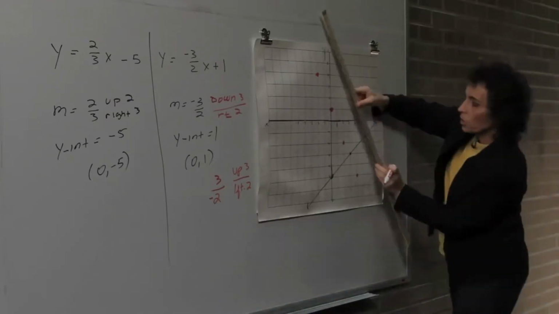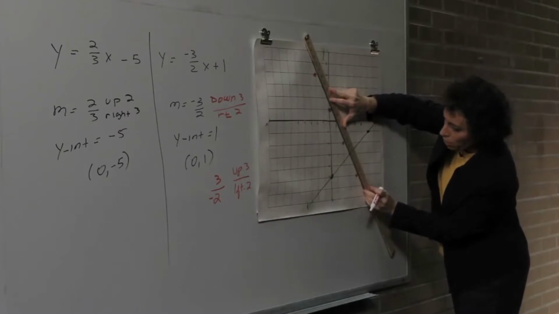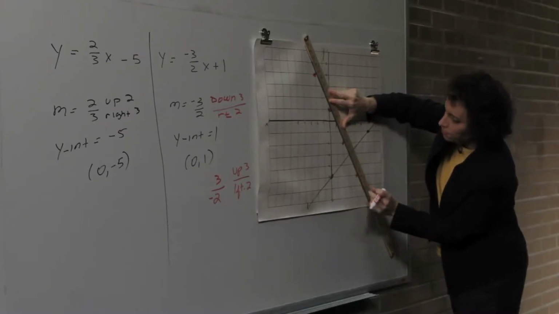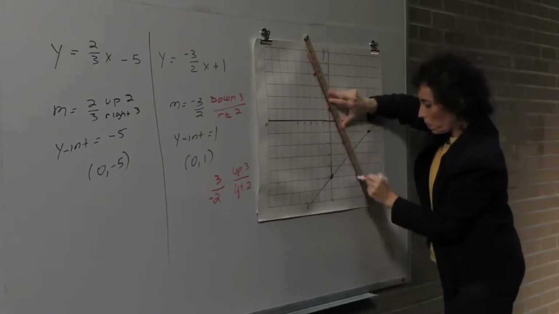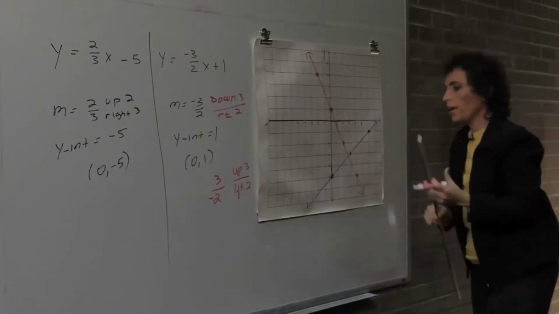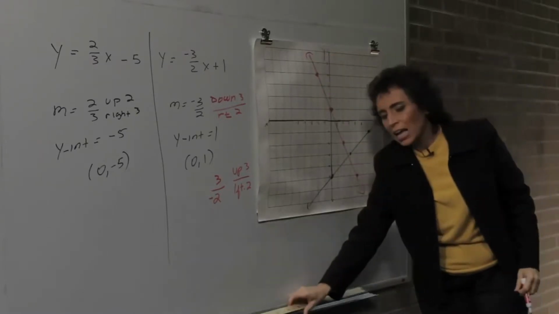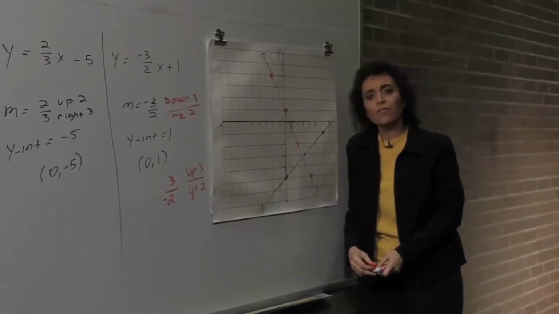Okay, so let's take a look. Notice these are definitely not parallel, because they definitely are intersecting. Not only are they intersecting, but they're intersecting in a very special way.